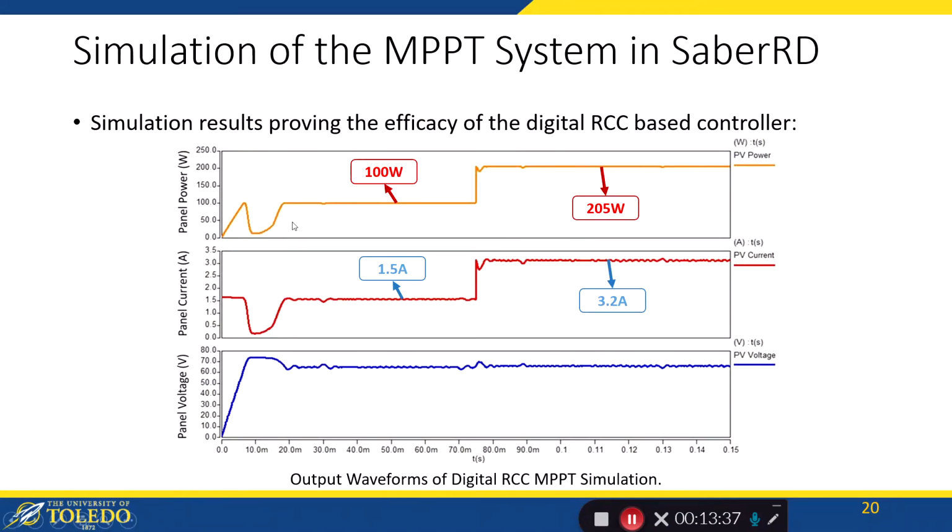Here we have the panel power at the top, the panel current in the middle, and the panel voltage at the bottom. The output shows that at 75 milliseconds the panel power has jumped from 100 to 205 watts, exactly as shown by the characteristic curve, and the panel current as well has jumped from 1.5 to 3.2 amps.